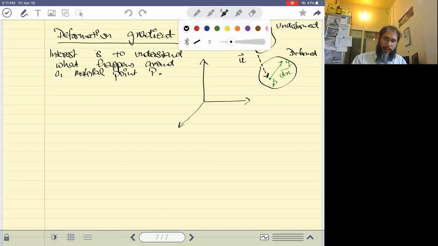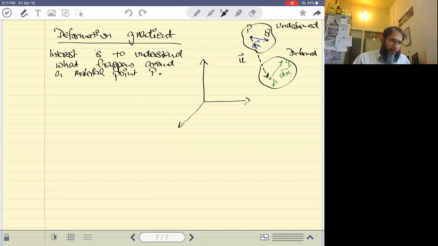So let's start the analysis. Before that, let's go back to the motivation here. As I said, the interest is to understand what's happening around a material point P. So we'll take all the possible vectors that I can draw at point P. That is, I move point Q around in all possible ways, and then I see how capital PQ, or dX, starting with a particular dX, what kind of d small x do I get?